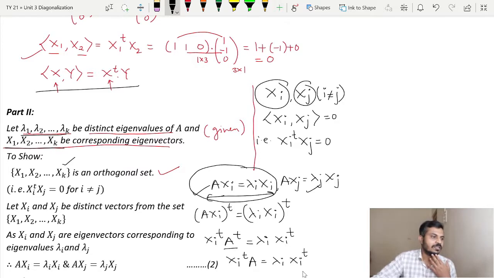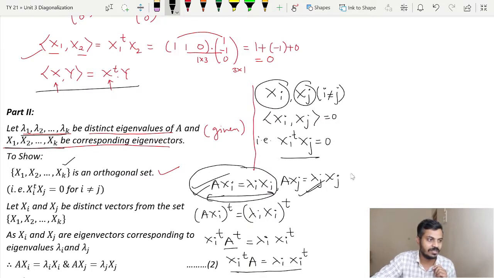Now, what to do ahead? Actually we have to prove xi transpose xj is equal to 0. In this equation there is no xj involved, so I have to bring xj into the picture, and the other fact is that I have to utilize the other equation as well.